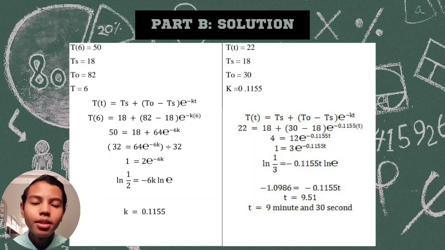Then we get 50 equals 18 plus bracket 82 minus 18 e to the power of negative k, and the small t we replace with 6. Next, we calculate as usual to find the constant of the object. We get 32 equals 64 e to the power of negative 6k.